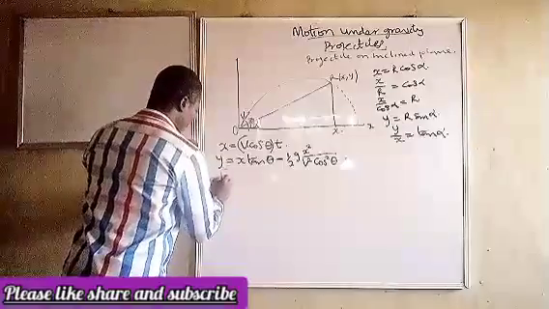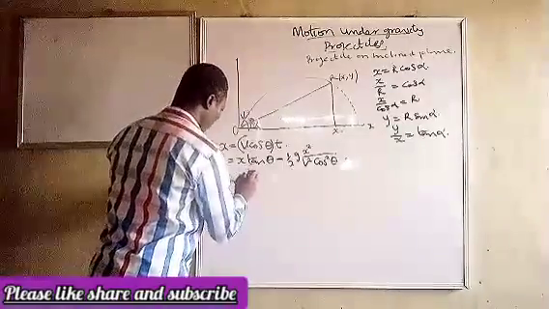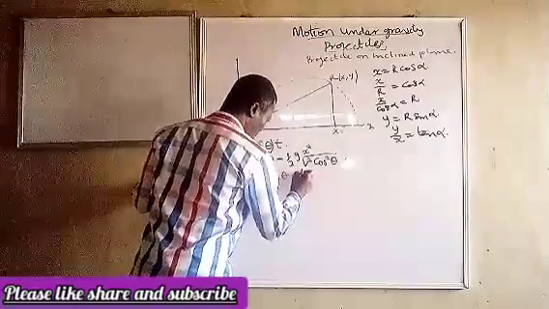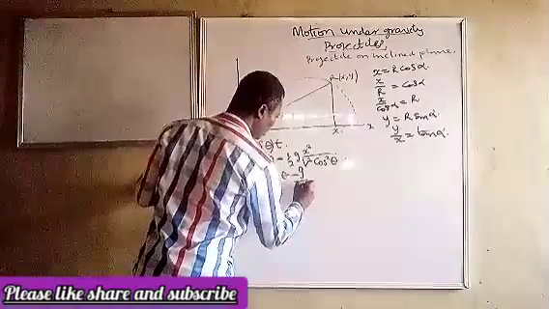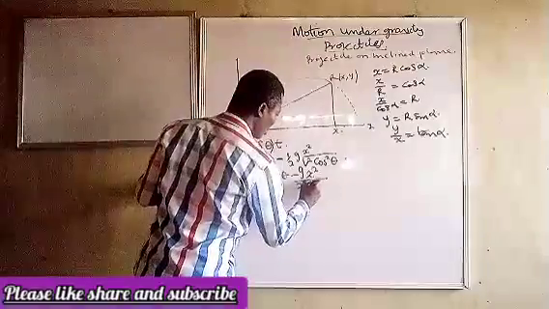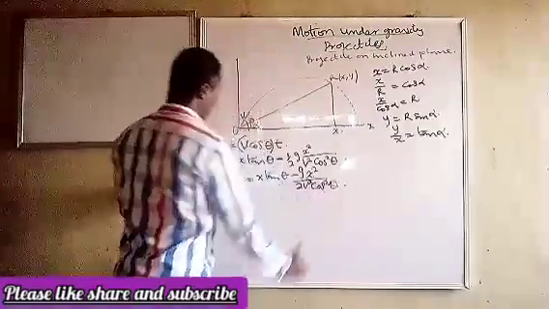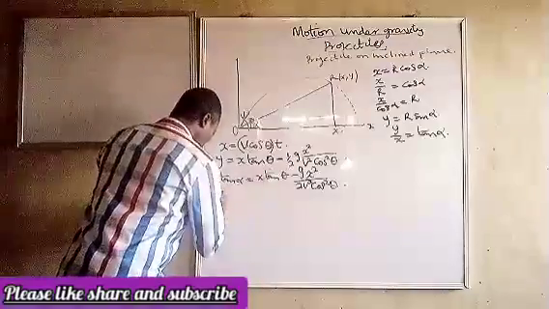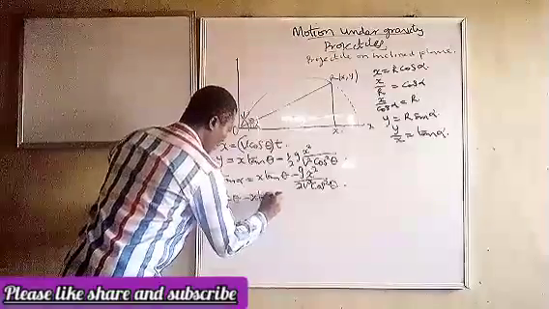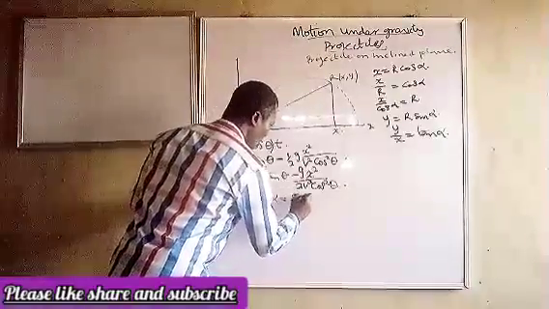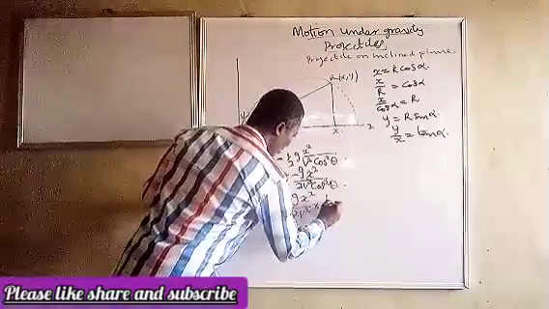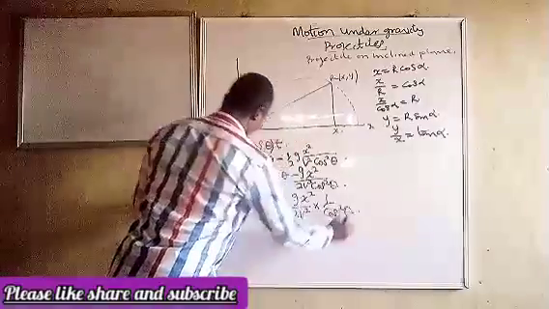Therefore, x tan alpha is equal to x tan theta minus g x squared over 2v squared, sorry, over cos squared theta. We now have it like this: x tan theta minus x tan alpha is equal to g x squared over 2v squared times 1 over cos squared theta.